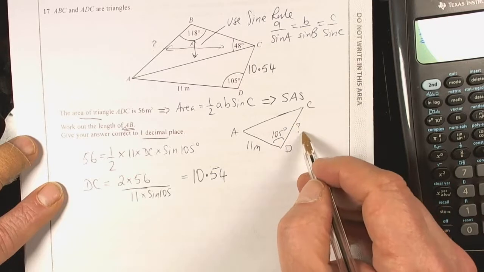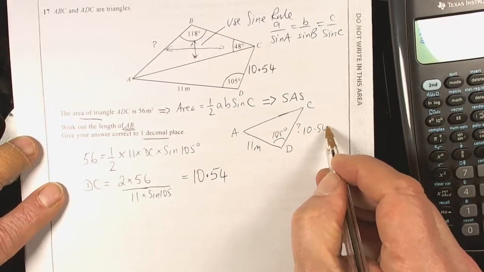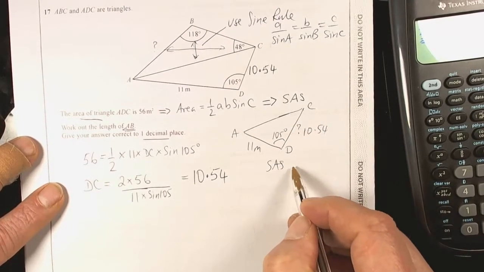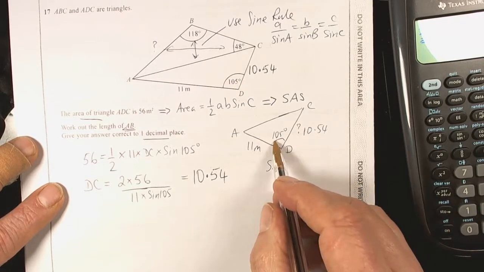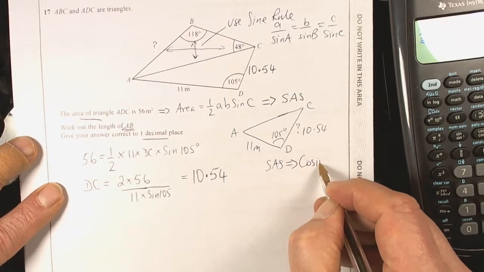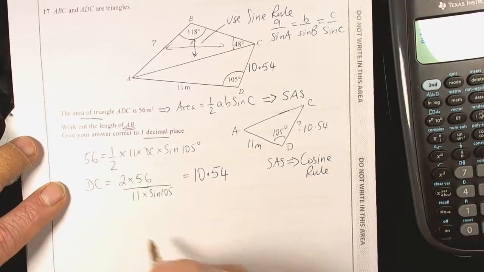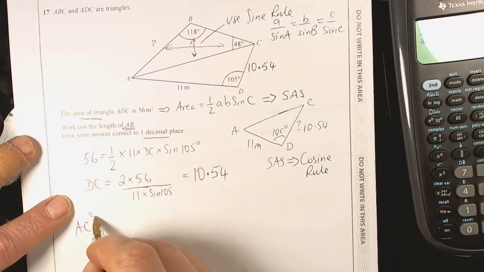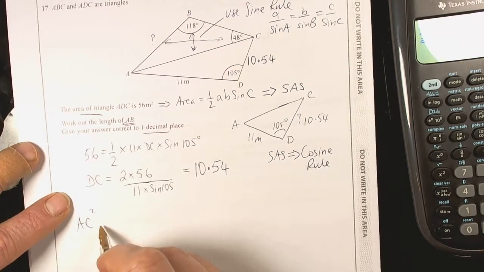But we can see in this triangle that if we've got 10.54 there, then we have a side angle side triangle where we know 2 lengths and an angle. Therefore, to get the 3rd length, we're going to use the cosine rule. So this is now telling us to use the cosine rule. So to get the length of AC, it's going to be squared, because the cosine rule says you square.